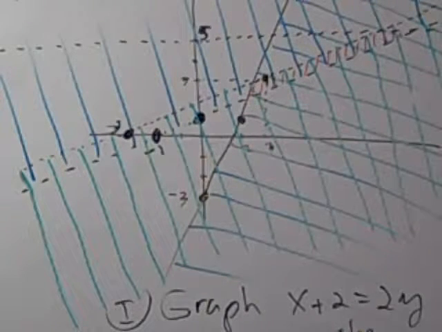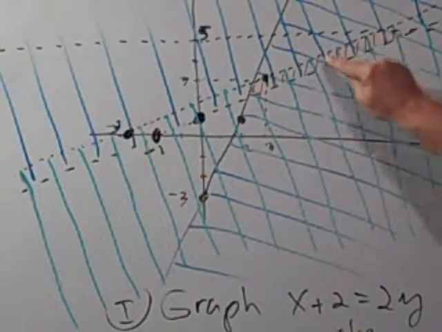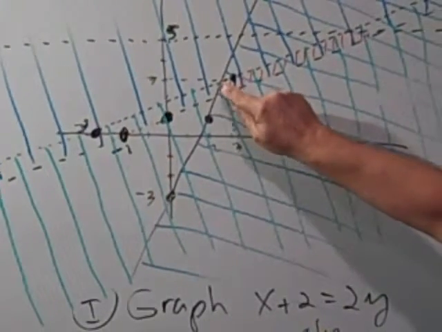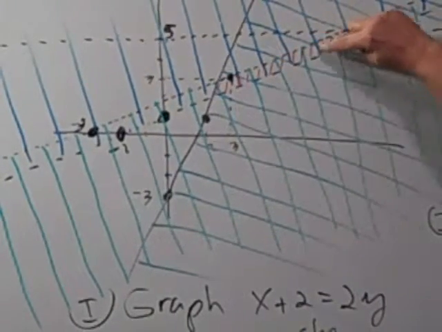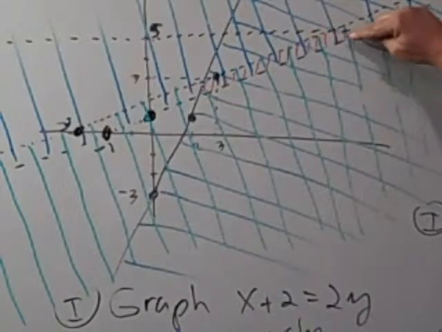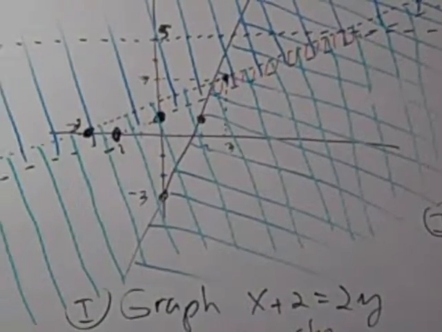It goes up to there and stops. So we have this little trapezoid region in here. That is our solution set. It stops right there, and it goes this little region up to here where it has a little point on the end. That's our solution region.